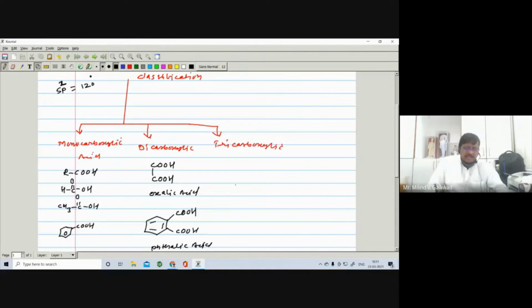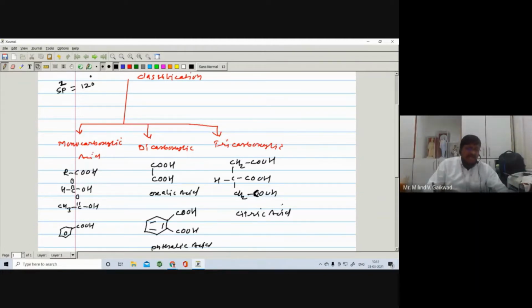Tricarboxylic acid has three COOH groups: CH2COOH, then a carbon with a COOH and an H, and further CH2COOH. This is citric acid. So depending upon the number of COOH groups present, they are classified as mono, di and tricarboxylic acids.